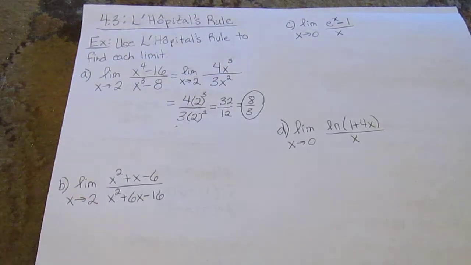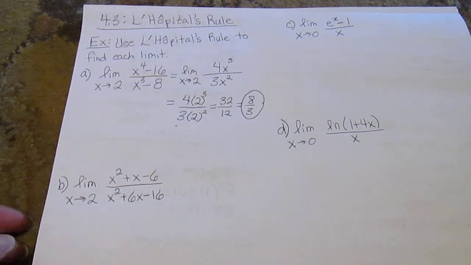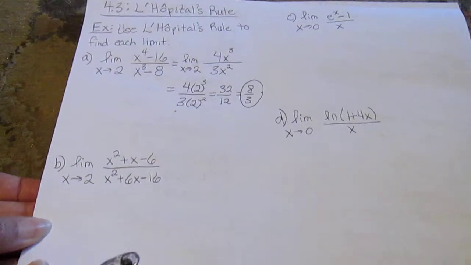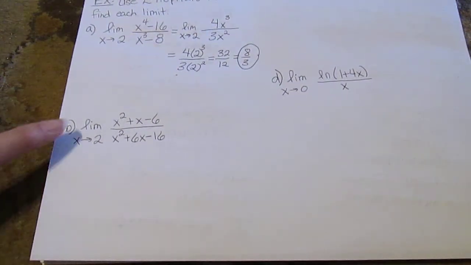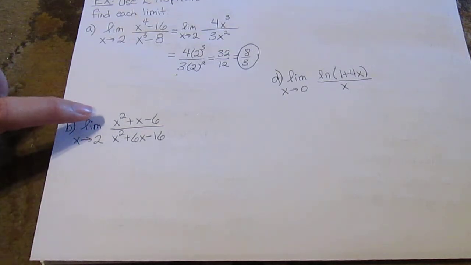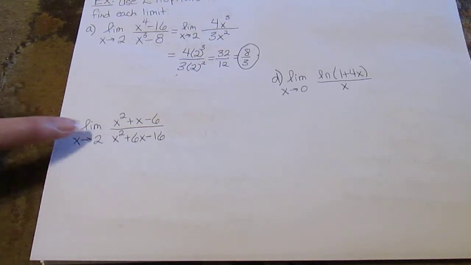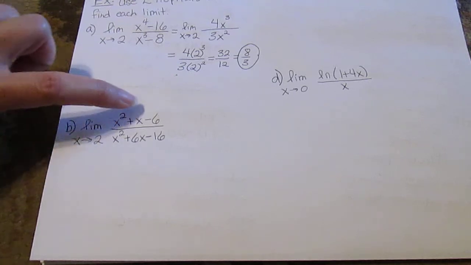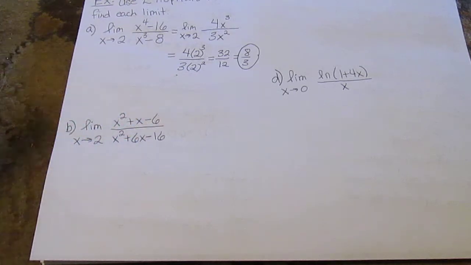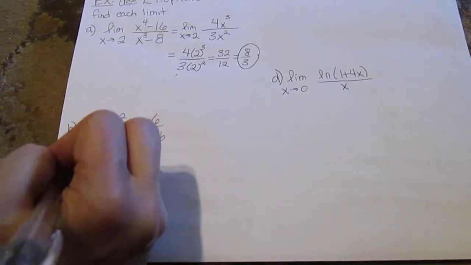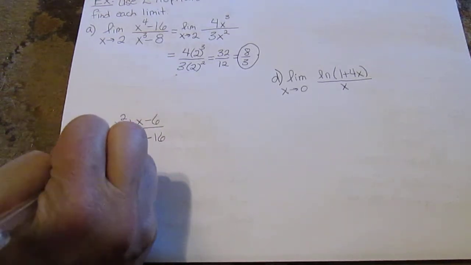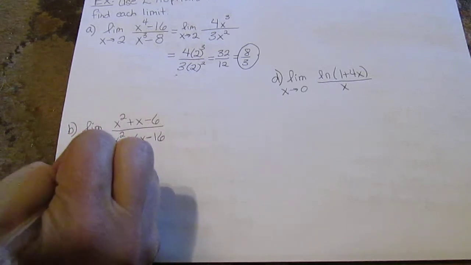And see how much faster that was? So L'Hopital's rule is great. Let's try another one, part B. The limit as x goes to 2 of x squared plus x minus 6 over x squared plus 6x minus 16. If you plug 2 in, which you should try out, you will get 0 over 0, so we'll use L'Hopital's rule. So we've got the limit as x goes to 2.